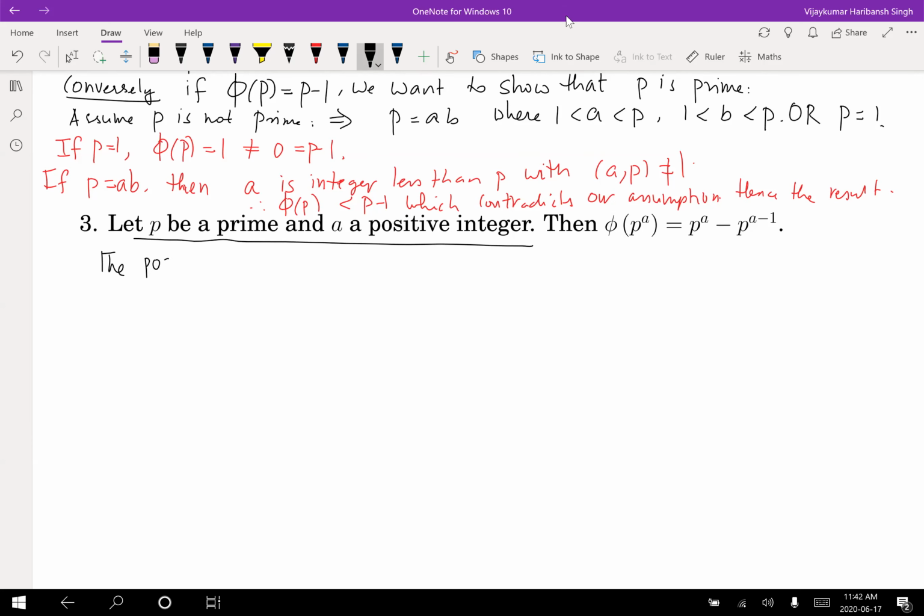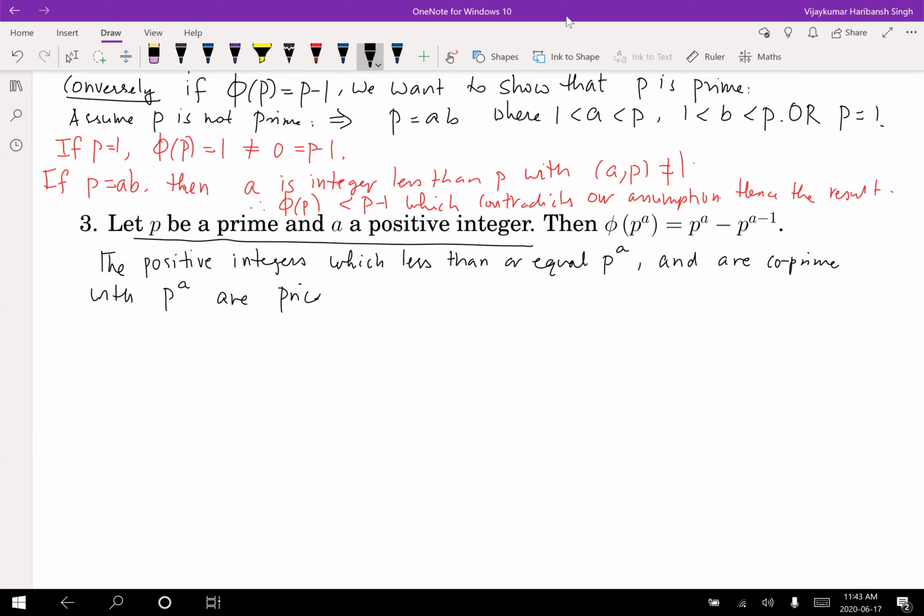Let's count the following integers. The positive integers which are less than or equal to p to the power a, and are not coprime with p to the power a, are precisely the multiples of p which do not exceed p to the power a.